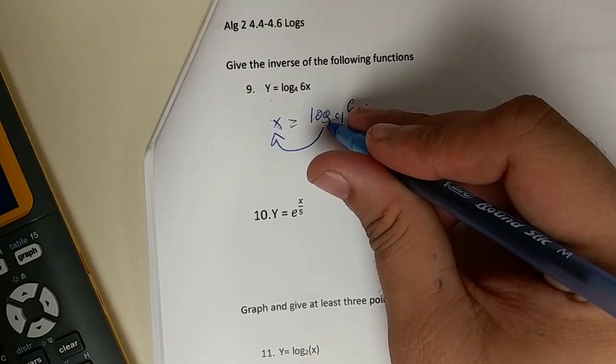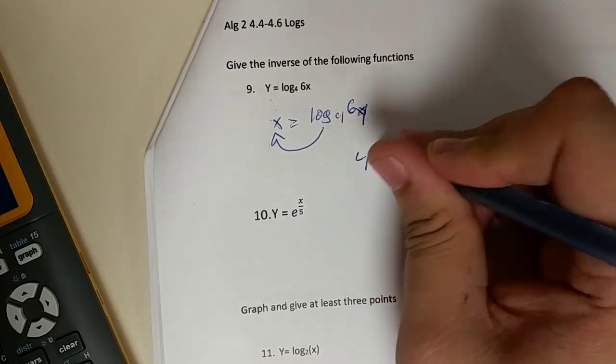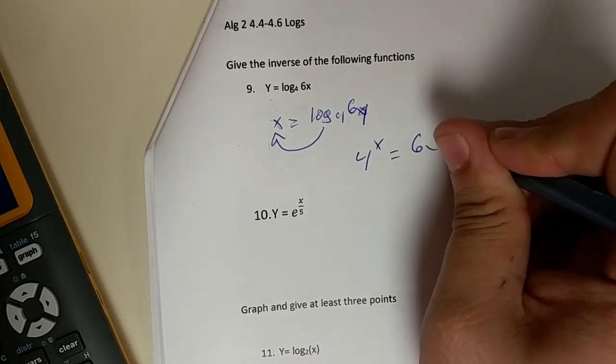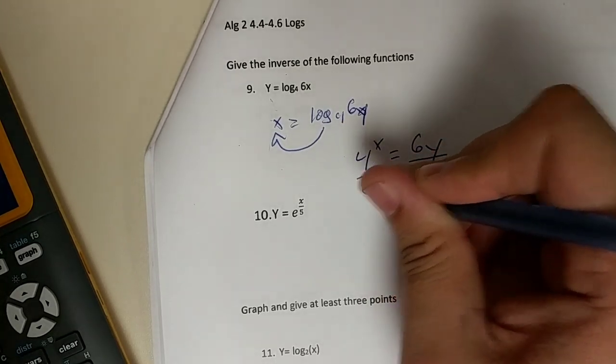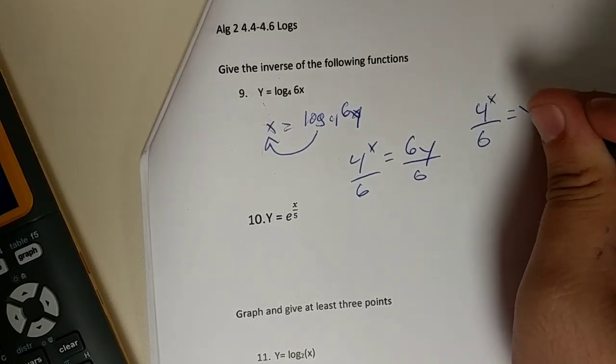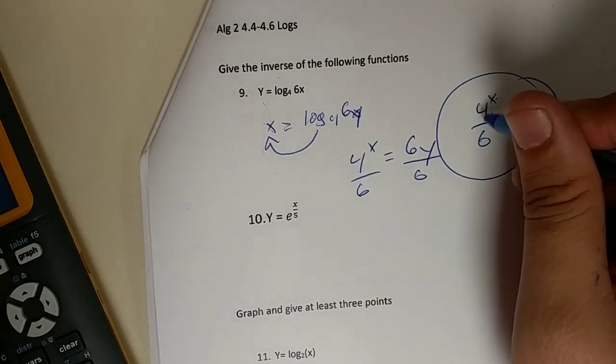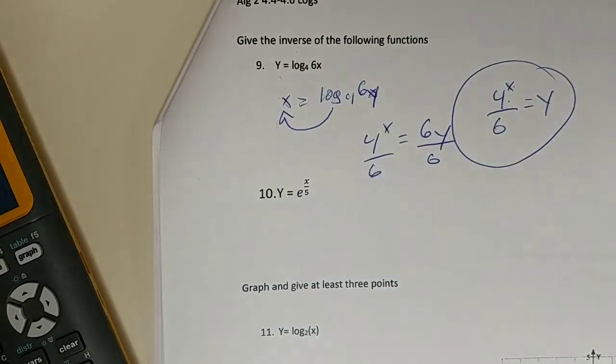It was a log before, so now it becomes an exponent base. So 4 to the x power equals 6y. Then I divide by 6 on both sides. 4 to the x divided by 6 equals y. You cannot simplify this because this is 4 to the x power, so you can't simplify that to 2/3 x. Trust me, I'm going to put 2/3 x on a multiple choice question like that. So don't simplify it.